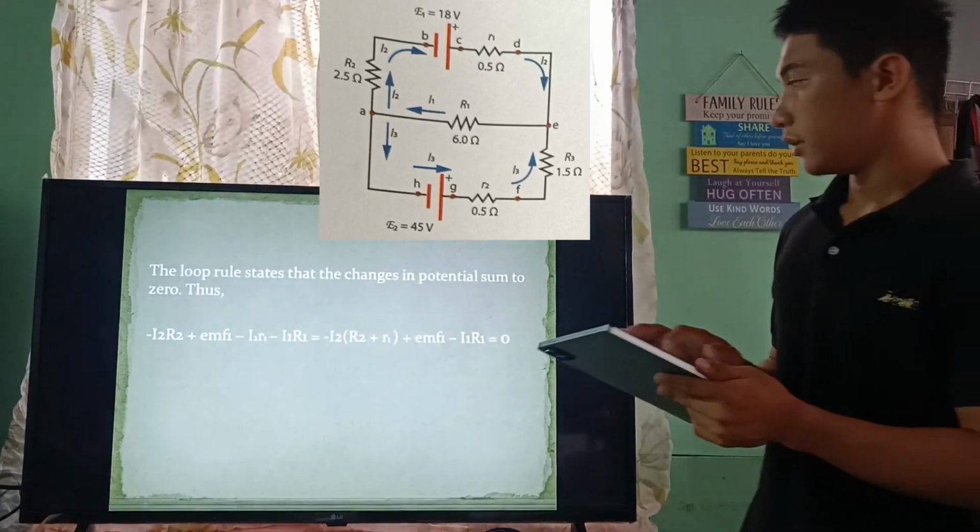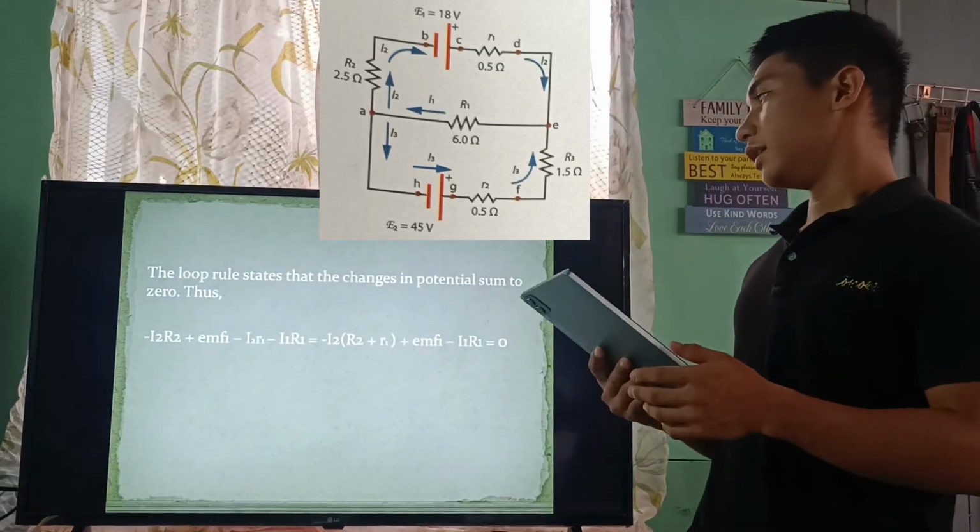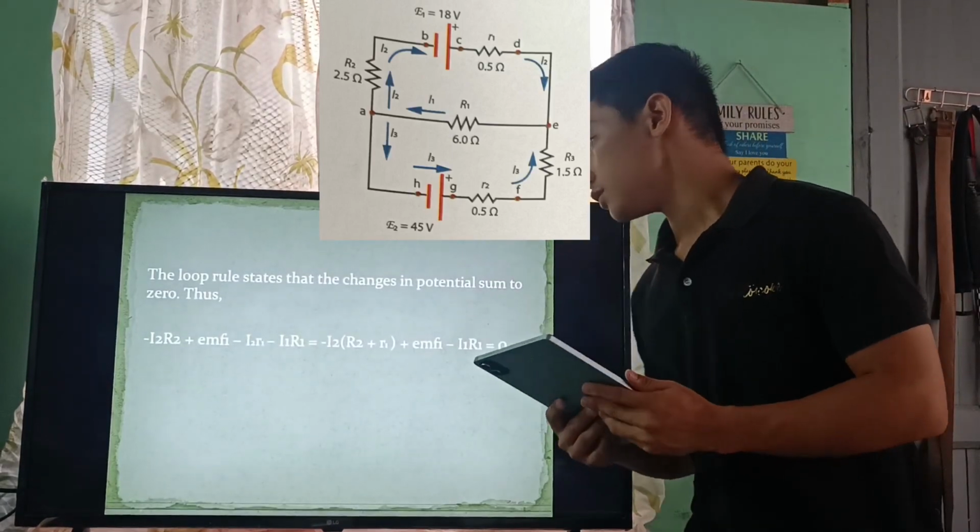Now, the loop rule states that the changes in potential sum to 0.